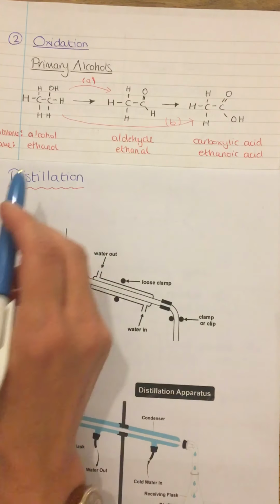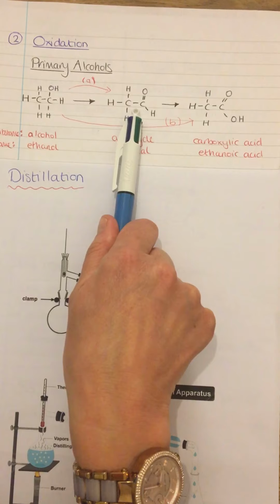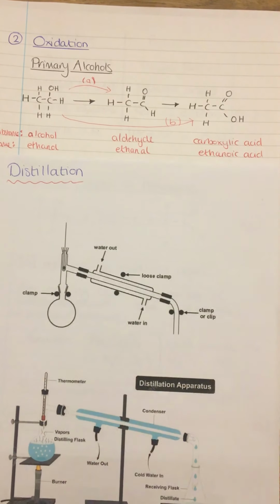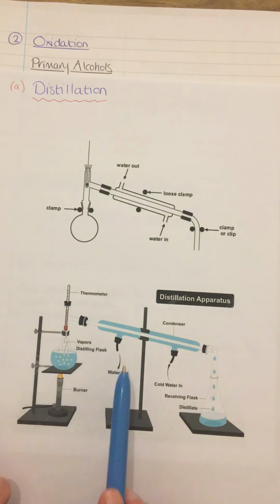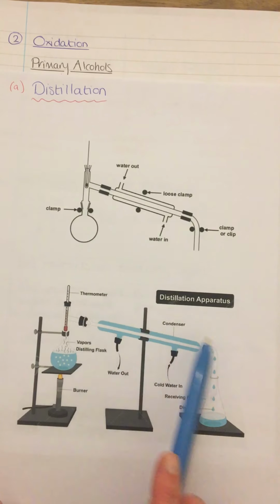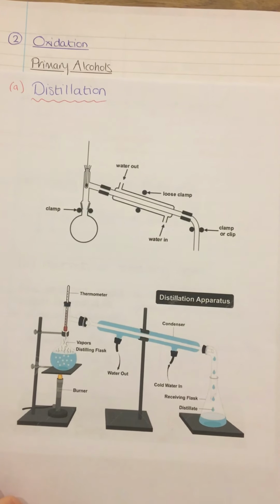So this process here, showing distillation, is what you do if you want to do reaction A. As I said, I've got it here as a diagram and also in a more realistic pictorial form. Normally I would get this stuff out in the lab to show you, but obviously I can't do that at the moment. I will direct you to a YouTube clip of somebody doing the same reaction that I would normally show you in just a moment. But for now, let's just go through the pictures.